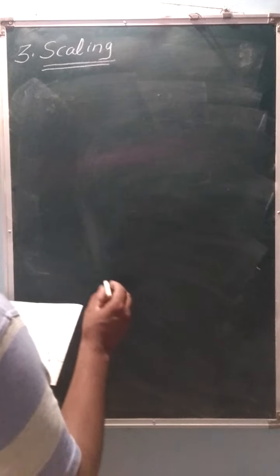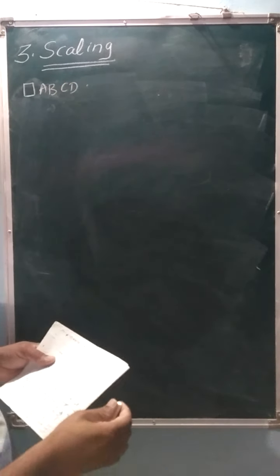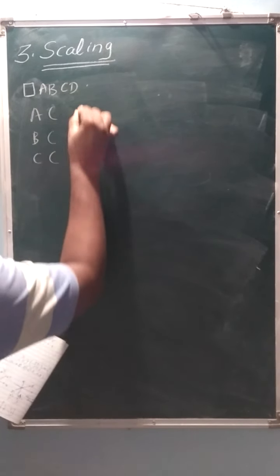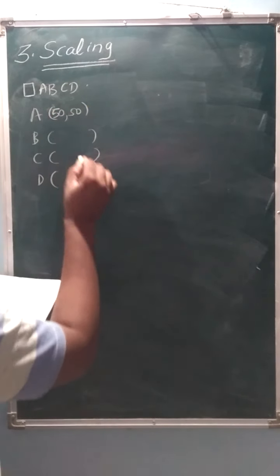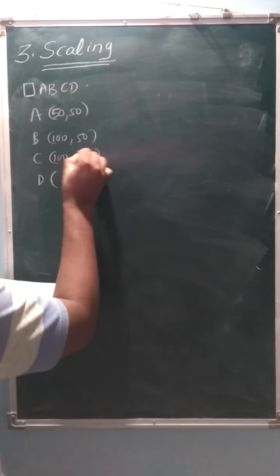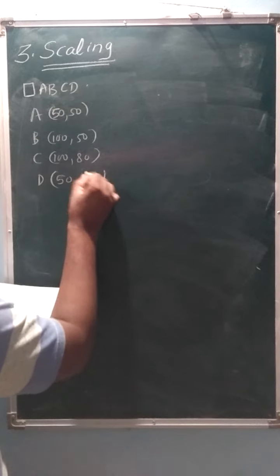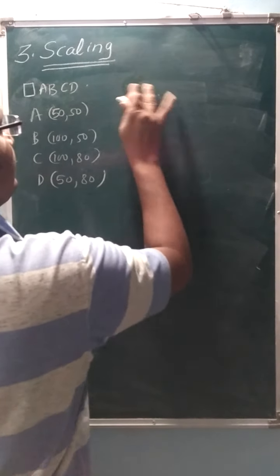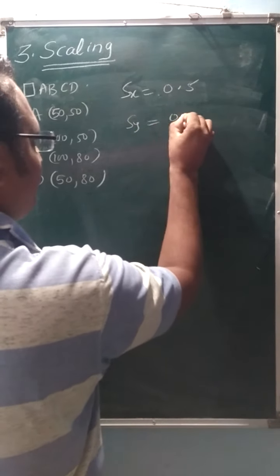Suppose a rectangle ABCD has the coordinates A, B, C and D as (50, 50), (100, 50), (100, 80) and (50, 80), with scaling factors Sx equals 0.5 and Sy equals 0.6.